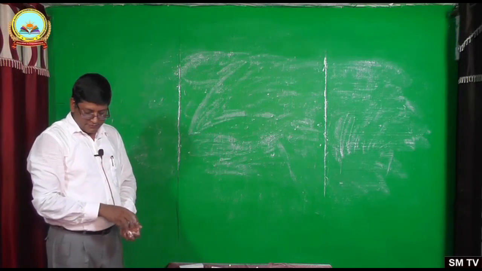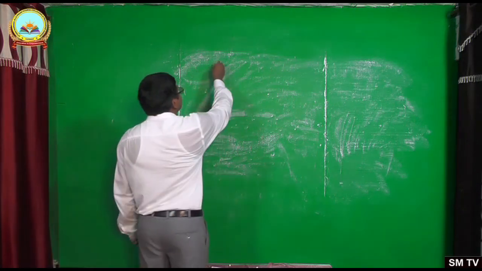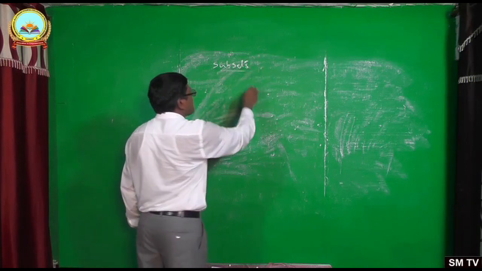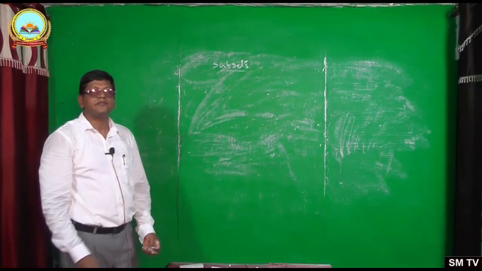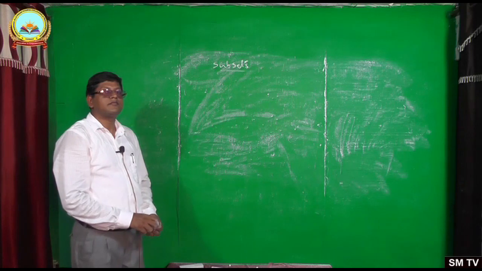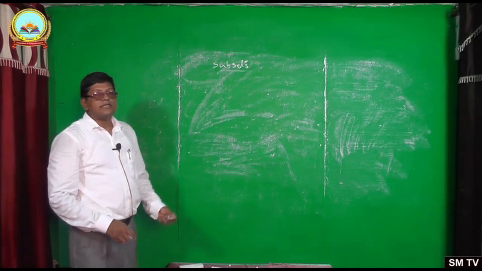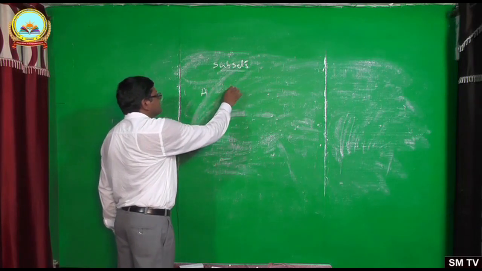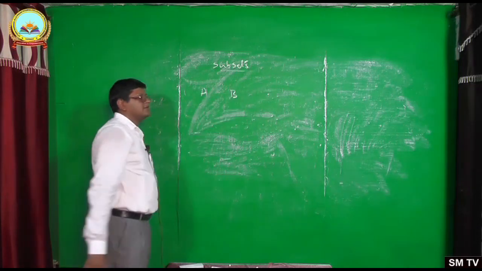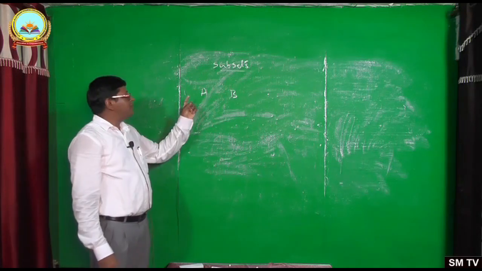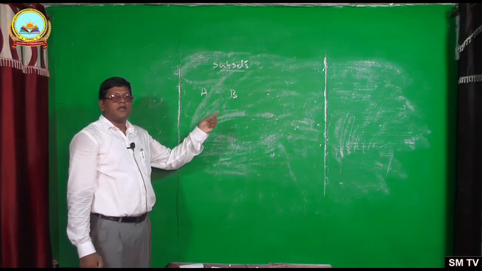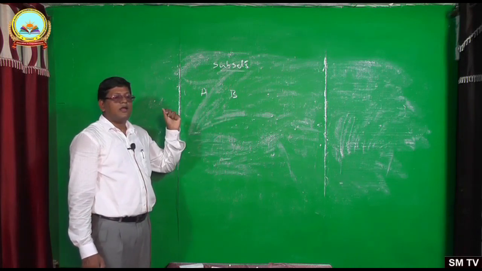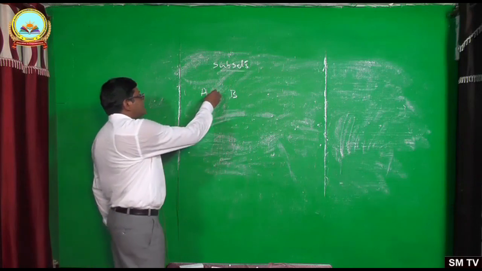Next definition, subsets. Let A and B be two sets. If every element of A is also an element of B, then we say A is a subset of B. In symbols, we write it like this.